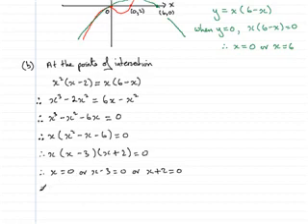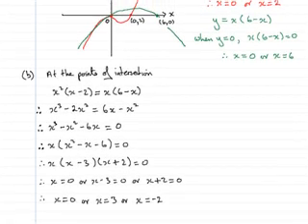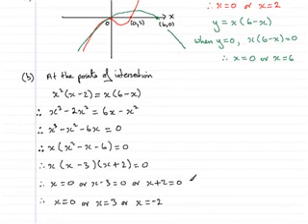So we have x is 0 from that one, or if we add 3 to both sides here, x will equal 3, or if we subtract 2 from both sides we get x is minus 2. So 3 x values where the graphs cross: 0, 3 and minus 2. We can see them actually. I'll just bring the graph into view again, and you can see that x is 0 at this point, x is 3 at this point, and x is minus 2 at this point here.